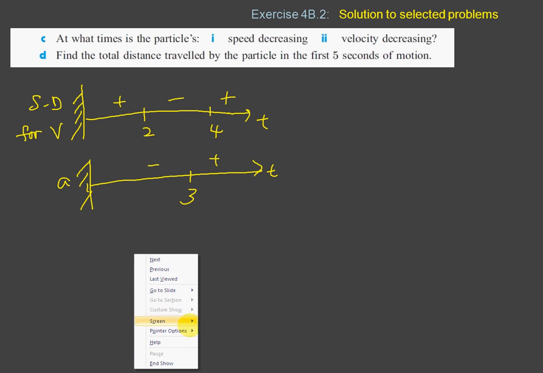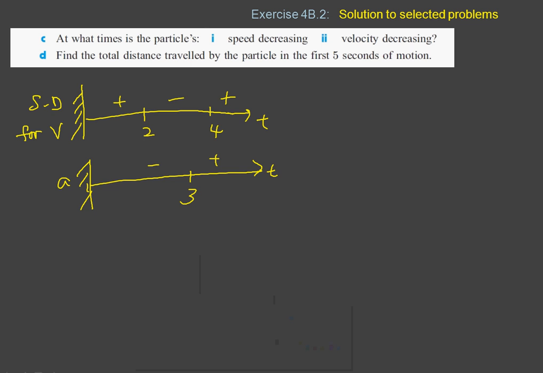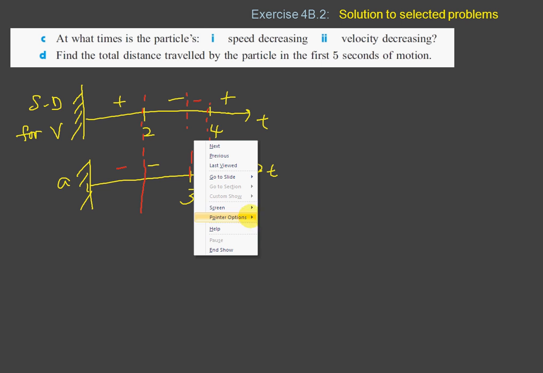So if you notice right here, let me change a bit of color so you see. Here is actually positive, here is negative, so they have different signs. And also right here, if you note it carefully, between 3 and 4, this is actually negative, and here you have positive sign.